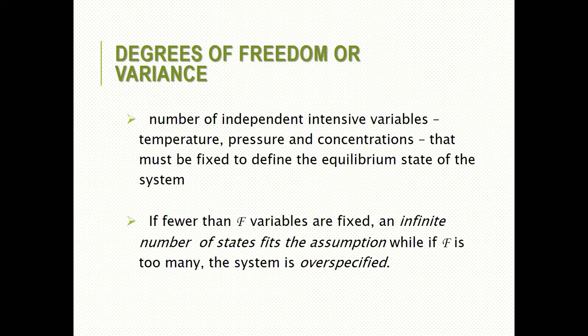What will happen if the F is fewer than the variables that were computed? What does it mean? If you have computed the F and the problem gave you fewer values of intensive variables, then a number of states fits the assumption. While if F is too many, we say the system is over-specified.